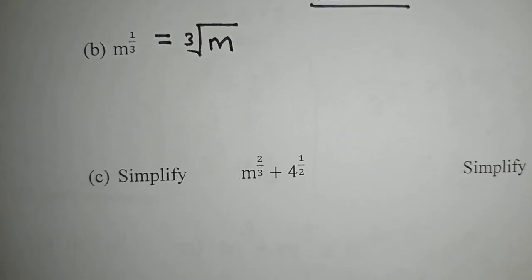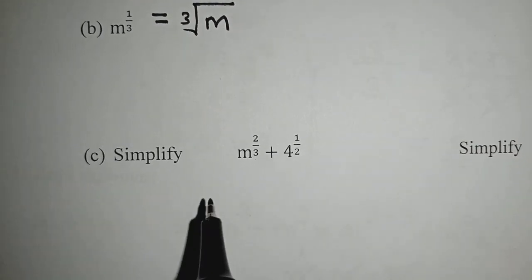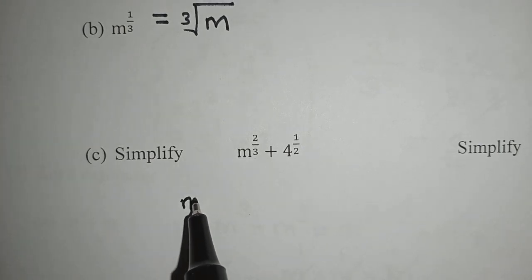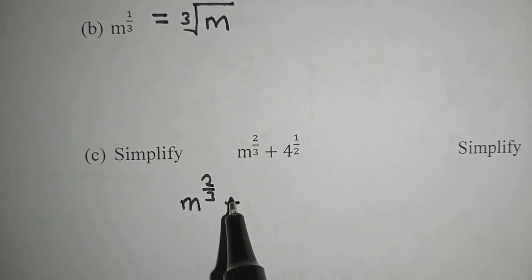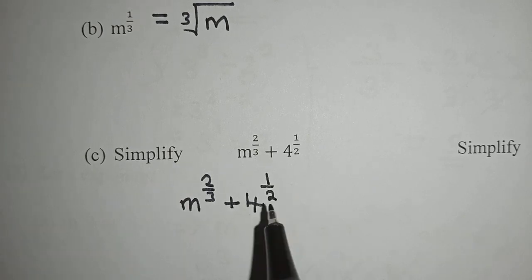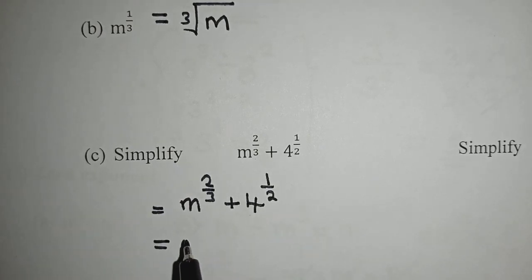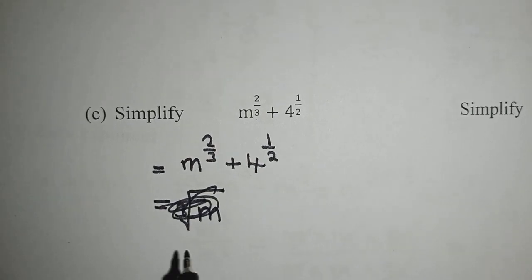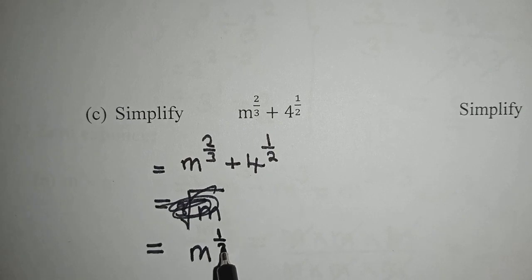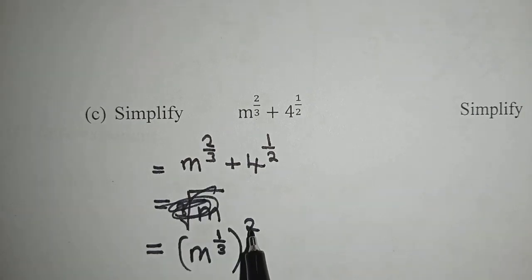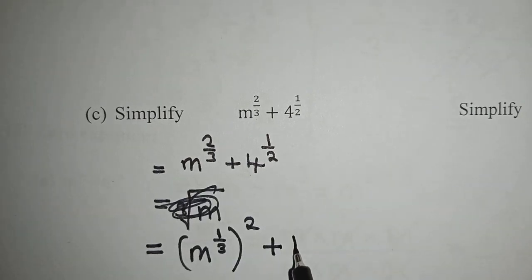Okay. So now let's try to simplify this. So here, this is m power 2 over 3 plus 4 power 1 over 2. So this one, it's a cube root. Remember, or let me do this. We separate here so that you understand. So it will be m power 1 over 3 and the 2 which is up here should be outside the brackets. We have 4 power 1 over 2. Okay.